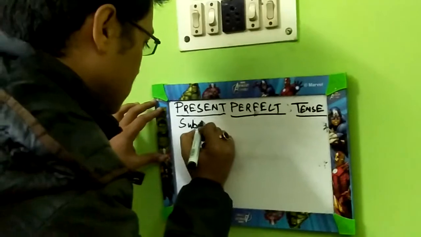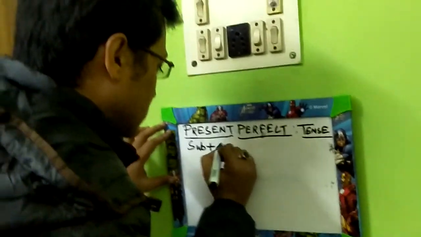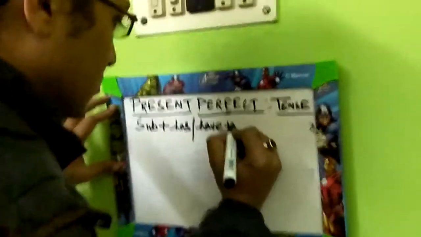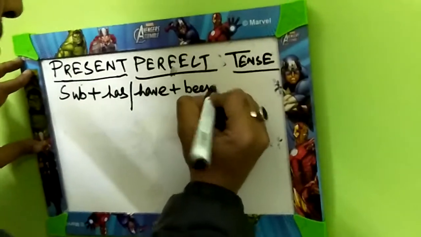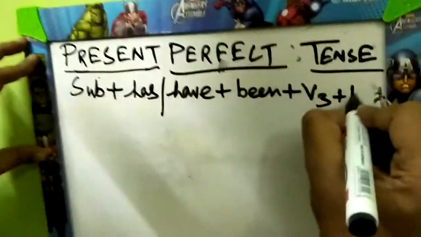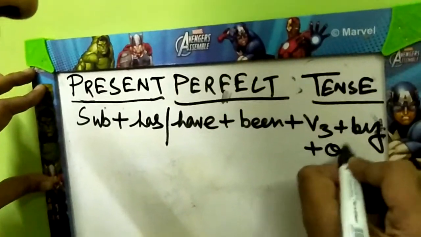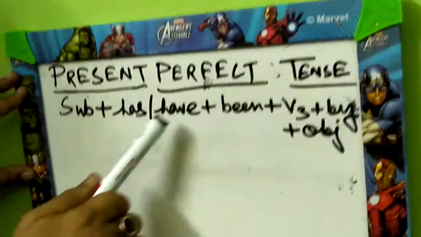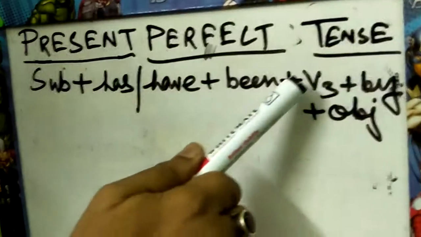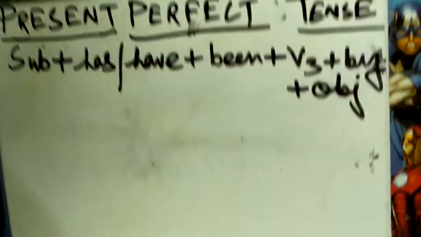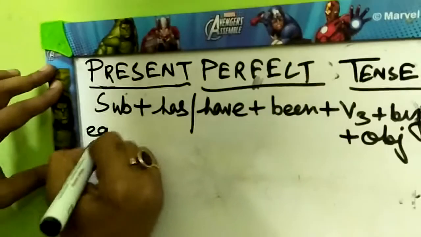Let's learn the formula first. This is the formula: subject plus has or have plus been plus V3, meaning the third form of the verb, then by, then object. Let's look at an example.